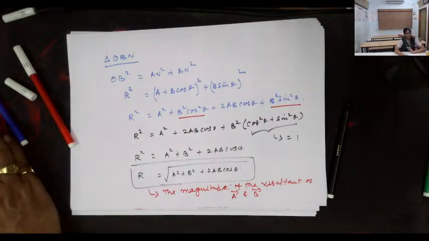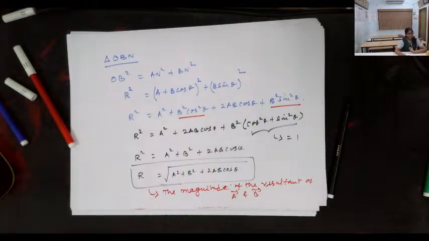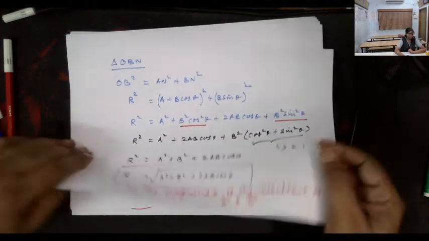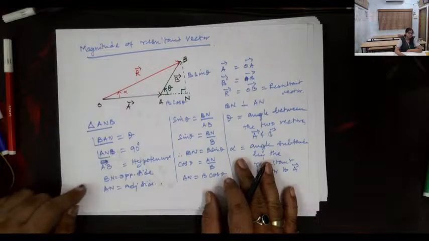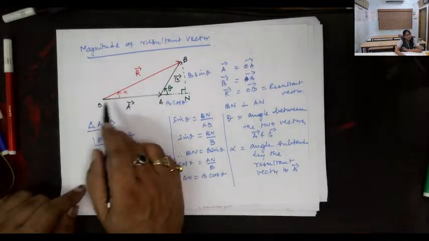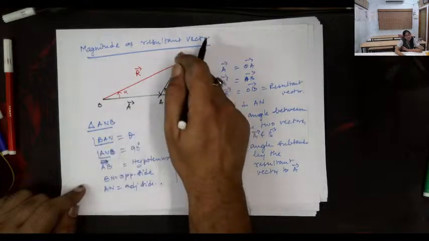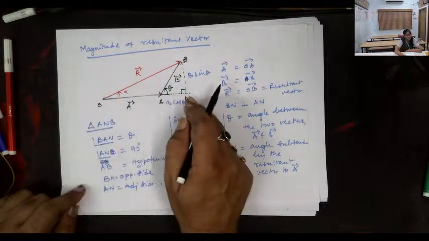Now let us discuss the direction of the resultant vector. Let me consider the same diagram here. What is tan alpha? Opposite by adjacent side in triangle OBN.